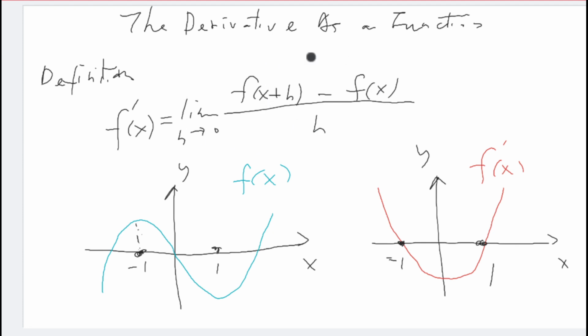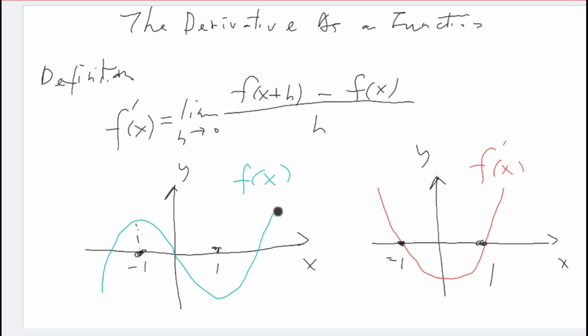So the right-hand side is going to be an expression containing x. So we can guess it's some function of x. We'll see this from examples too.